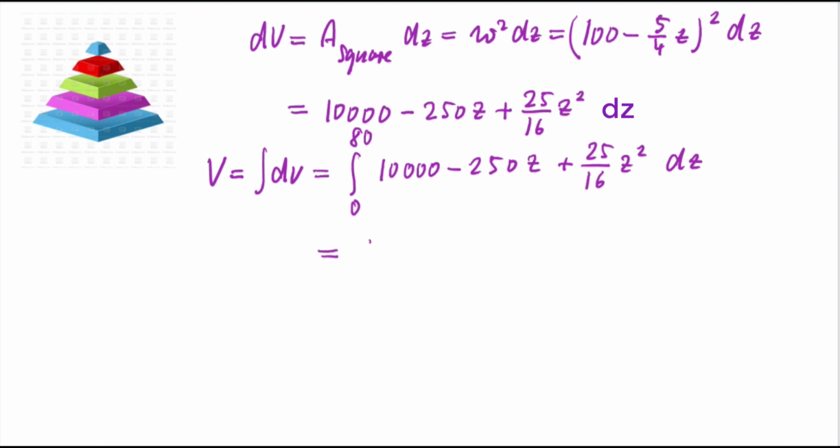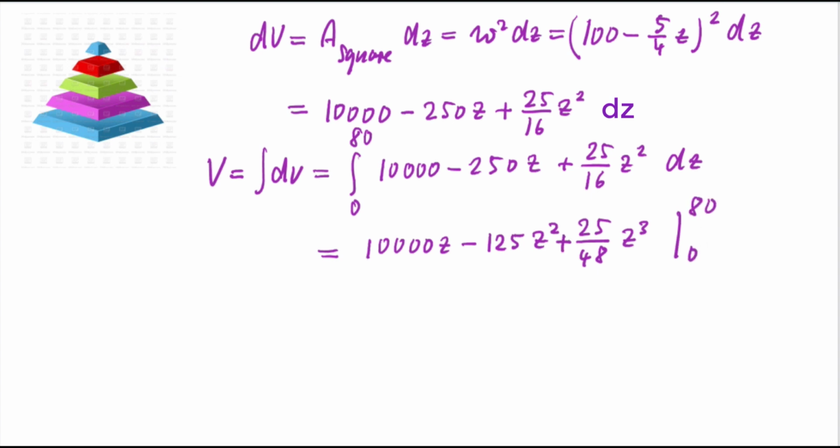I integrate, I get 10,000 z minus 125 z squared, and then there's a z cubed divided by 3, so we get 25 divided by 48 z to the 3, between 0 and 80.